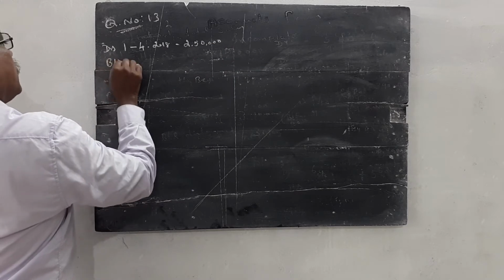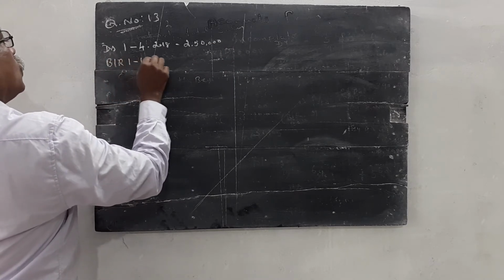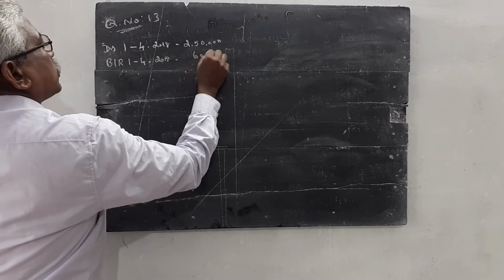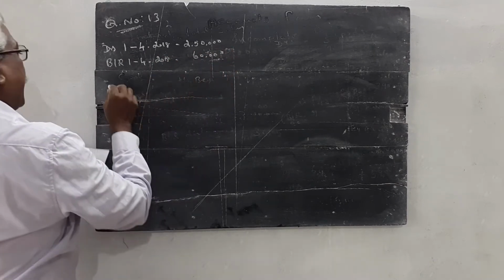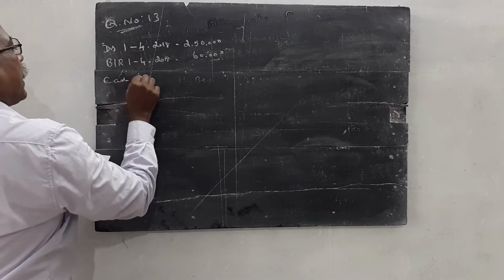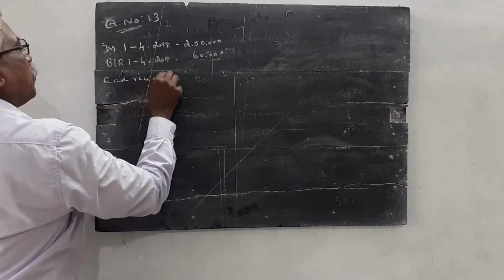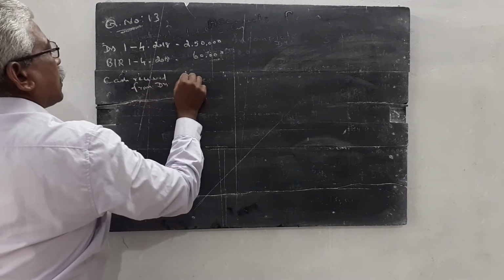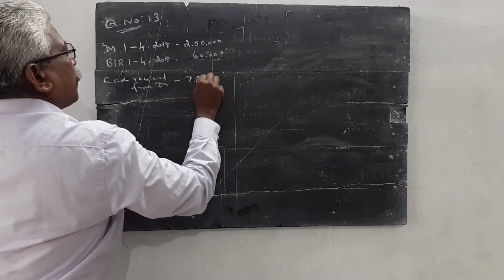Bills receivable on 1/4/2018 rupees 60,000. Cash received from debtors 7,25,000.